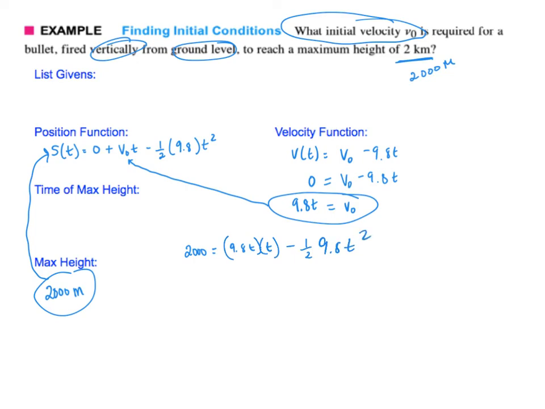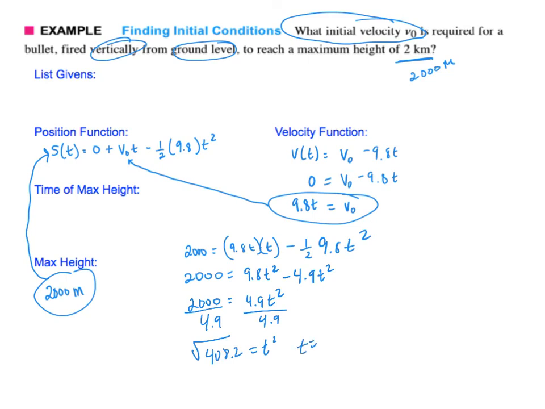Okay. So now this is important because I only have t squared terms on the right-hand side. I don't have any t terms. So I can very easily simplify this and solve for t. If I divide by 4.9 and I square root, t is equal to plus or minus, but we only want the positive, 20.2 seconds.